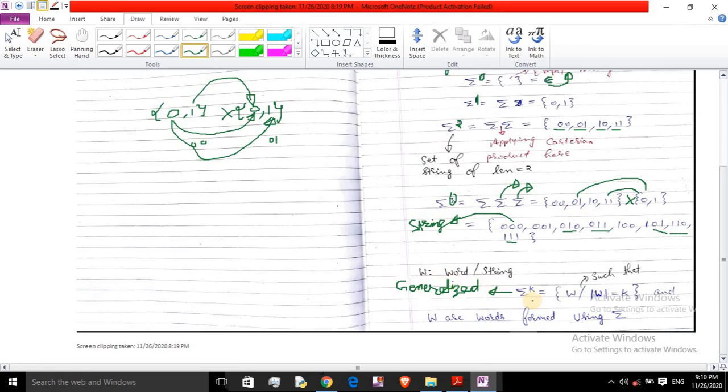Suppose we have sigma to the power k, then the length of the word will be equal to k. We can put the symbol as a straight bar, meaning such that. So sigma to the power k is equal to the set of words w such that the length of w is equal to k. The w are words formed from this sigma, our given alphabet symbols.